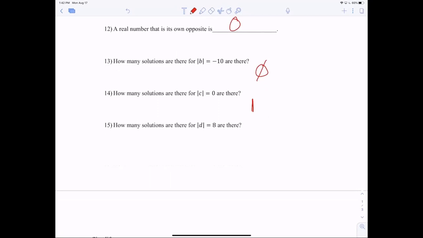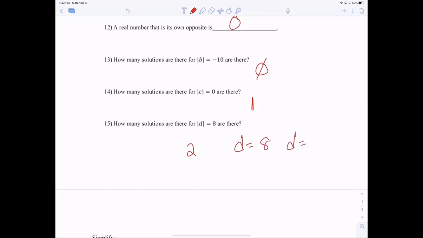Number 15. There are 2 solutions. That is exactly correct. Now, can you tell me what those solutions are? What would d equal? What's the absolute value of what is 8? 8. Yep, and what else? Yeah, there you go.